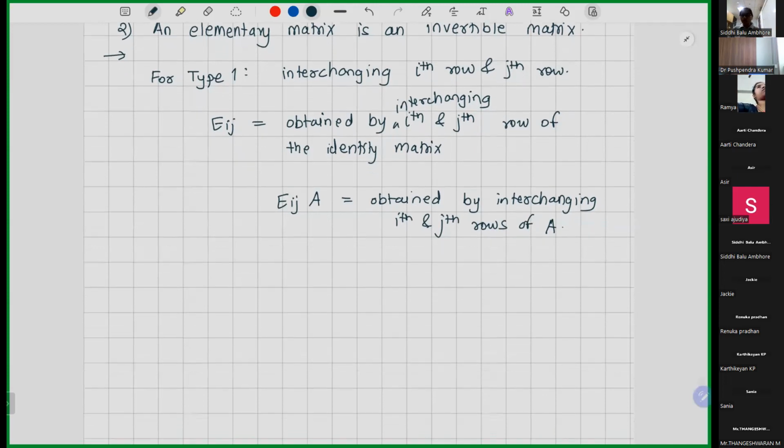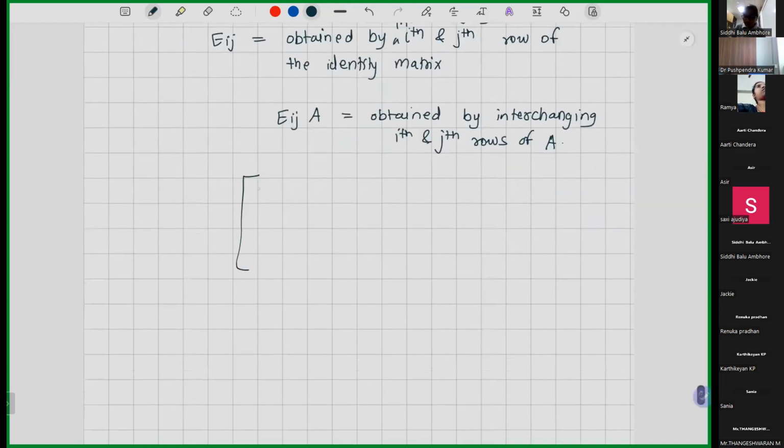What can I do? So Eij is what? It is the identity matrix with 1, 1 happening, and then we are changing the ith and jth rows, something of this sort. This is the ith row, this is the jth row, and this is my matrix Eij.